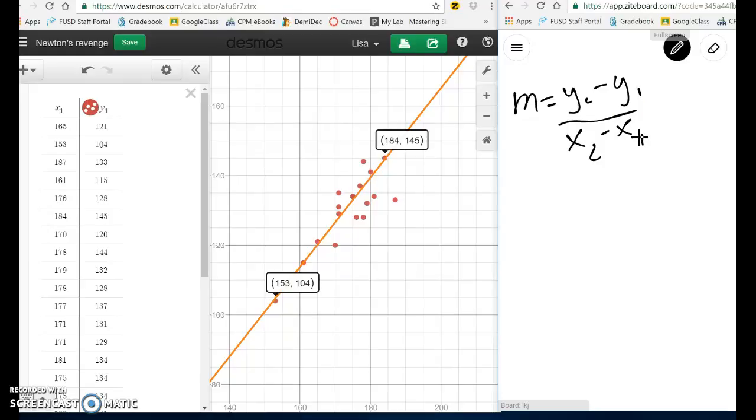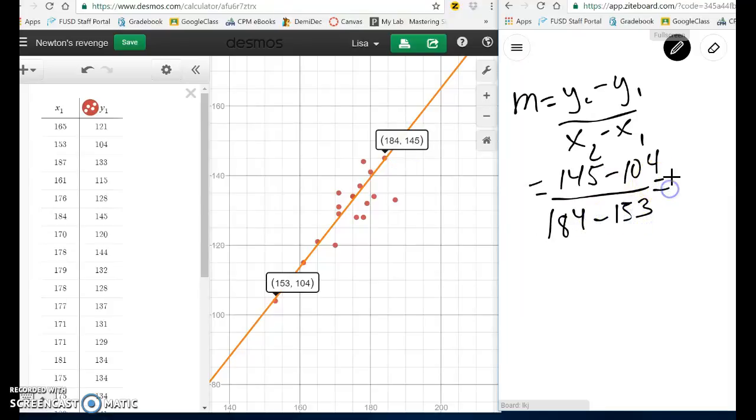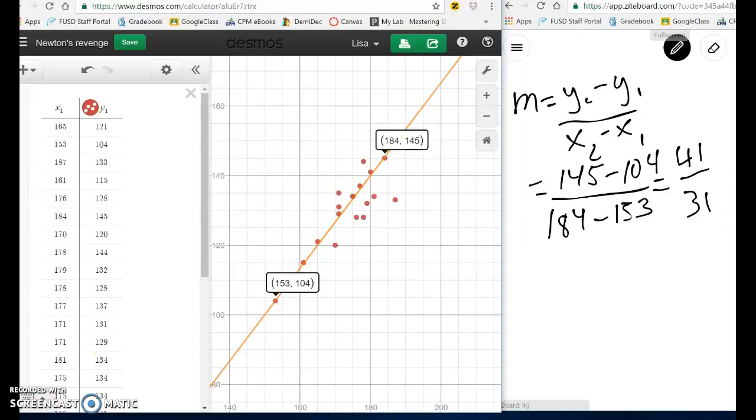Similar to the idea of rise over run, so finding the rise is subtracting the y values here. So we've got 145 for our y value minus 104 for our second y value, and for our x values 184 minus 153. That's 41 over 31, which is close to 4/3, so we might as well use that as the slope.